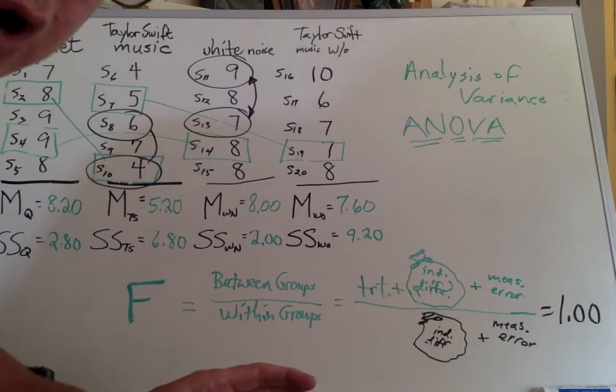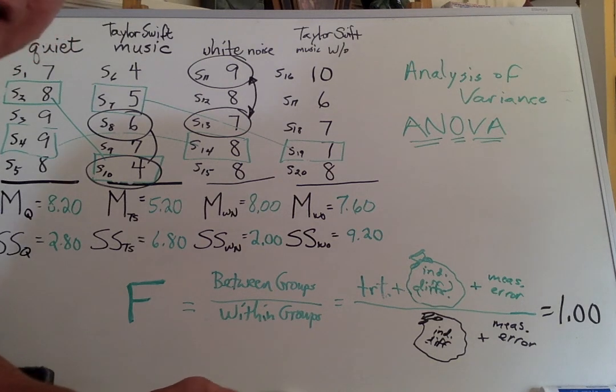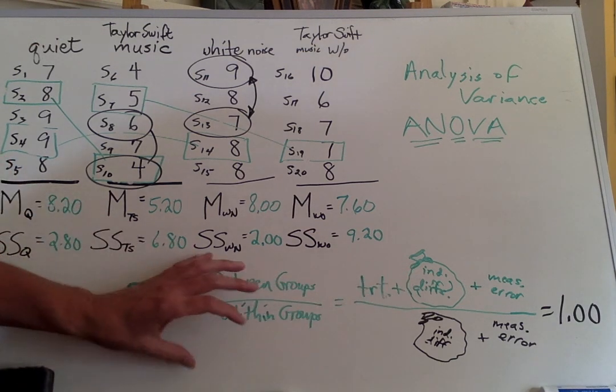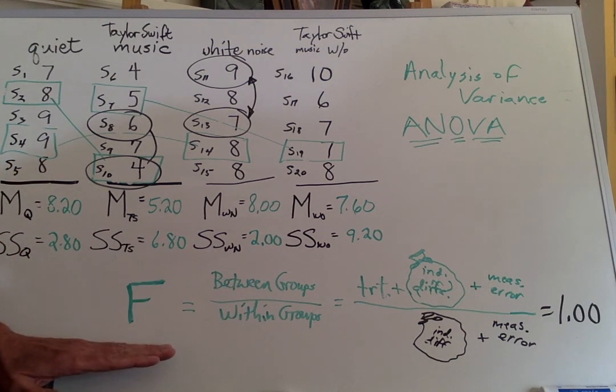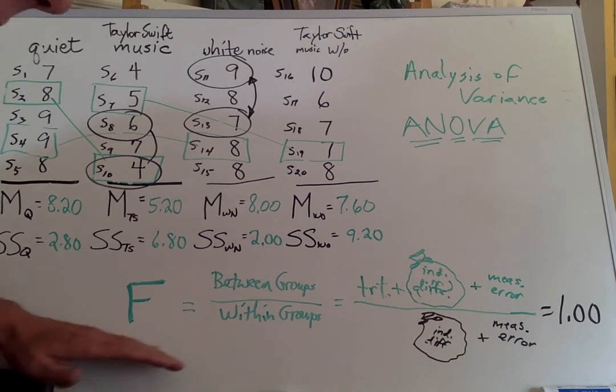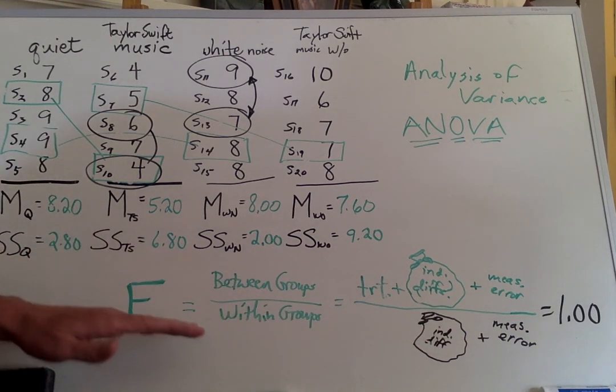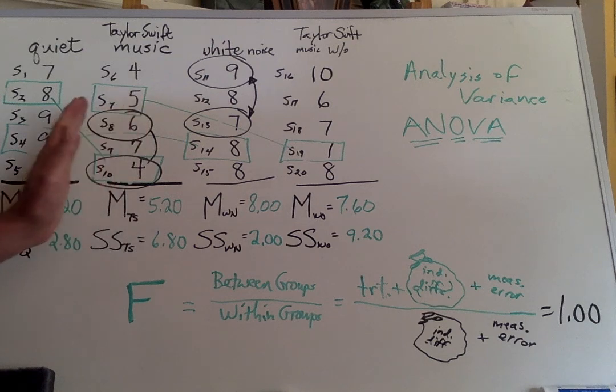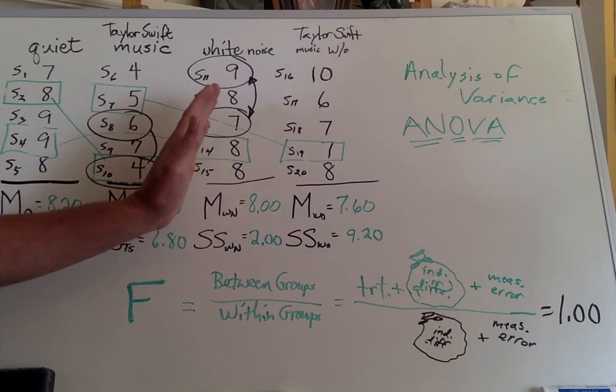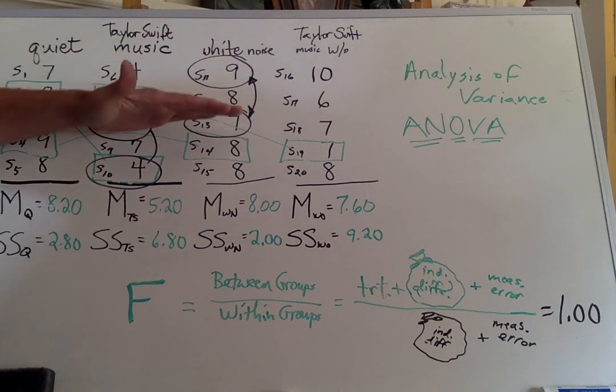If the value is 1, then we don't have treatment. If the value is more than 1, then we do, okay? Based on this conceptual. I want you to know this for sure, okay? The conceptual basis. We're looking at variability between, we're going to compare it to variability within.